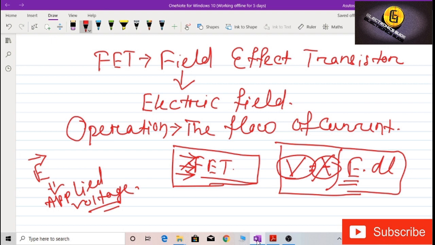Or we can say that if an electric field exists, then a voltage or potential is developed.